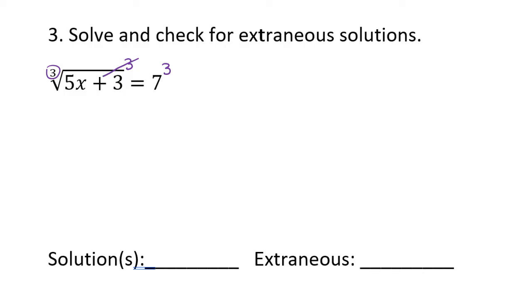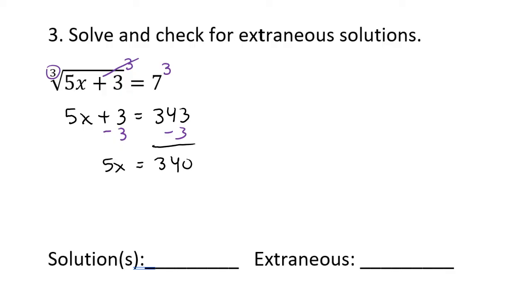That's going to leave us with 5x plus 3 equals, and then 7 to the third power is 343. Just going to solve for x, so we're going to minus the 3 over. So we have 340. Then we're going to divide by 5. So 340 divided by 5 is 68.